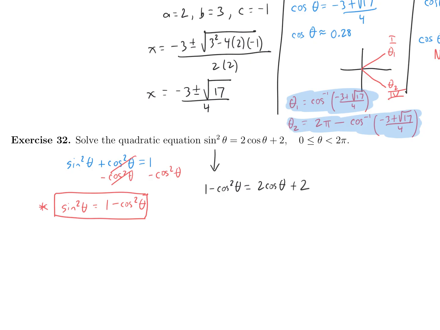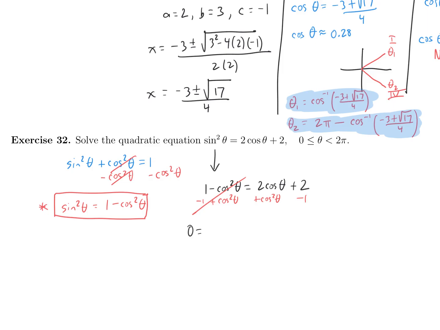And now we have an equation that's quadratic in form that we can rewrite. We don't want the leading coefficient to be negative, so let's move all of these terms to the right side by subtracting 1 and adding cosine squared. That's going to give us 0 on the left side.